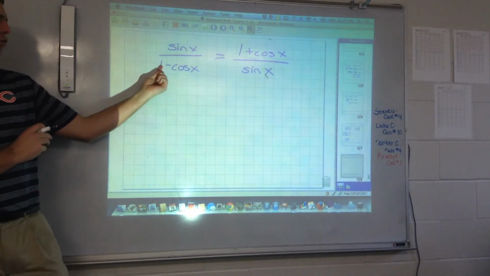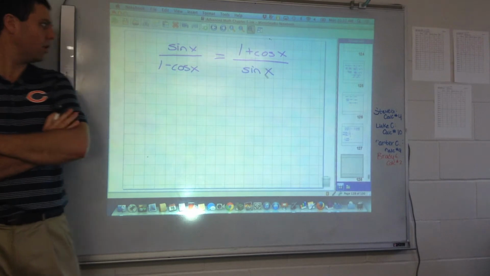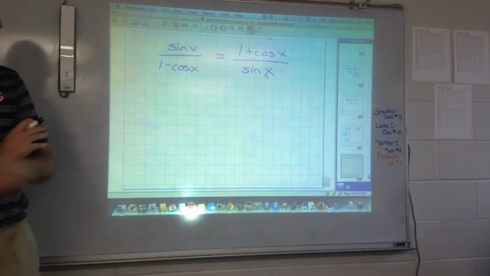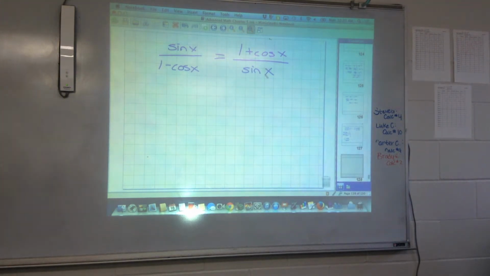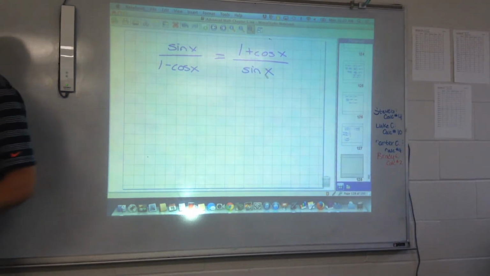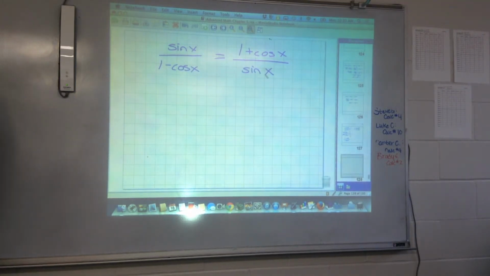So the conjugate of 1 minus cosine x would be 1 plus cosine x, or the conjugate of 1 plus cosine x would be 1 minus cosine x. Okay? So sometimes that's helpful because it'll get some squareds into your expression, and if you get some squareds into your expression, then you can start using your Pythagorean identities.